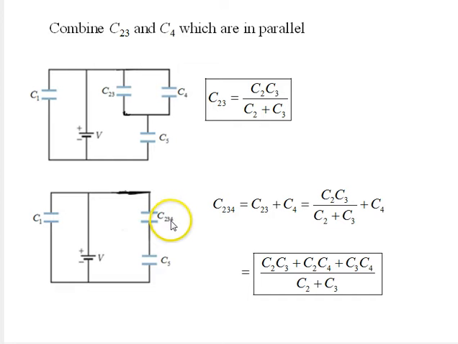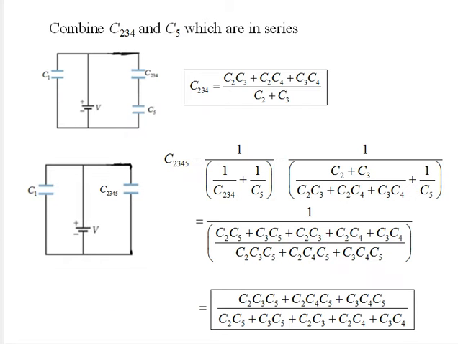Our C234 is now in series with C5. Since they are in series, we know they will have the same charge on their plates, such that Q5 will equal Q234. We can find their equivalent capacitance by combining them.